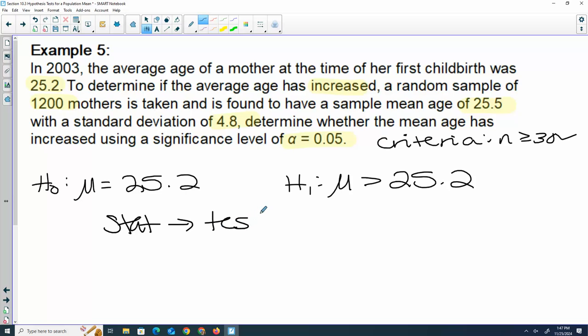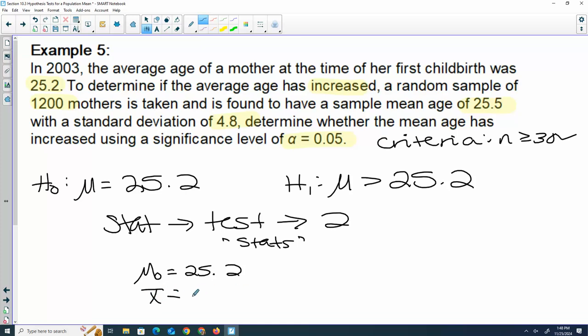We're doing stat, test, number 2. Okay, this time is this data or stats? Okay, so mean of the null is our 25.2. X bar, the mean of the sample we had was 25.5. Standard deviation of our sample, 4.8.